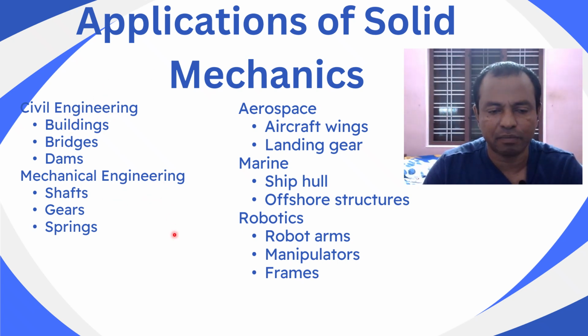In civil engineering, building, bridges, dams, and in mechanical engineering, shafts, gears, springs. In aerospace, aircraft wings, landing gear design. In marine field, ship hull, offshore structures. In robotics, robotic arms, manipulators, and its frames. In all these cases, solid mechanics comes into picture.